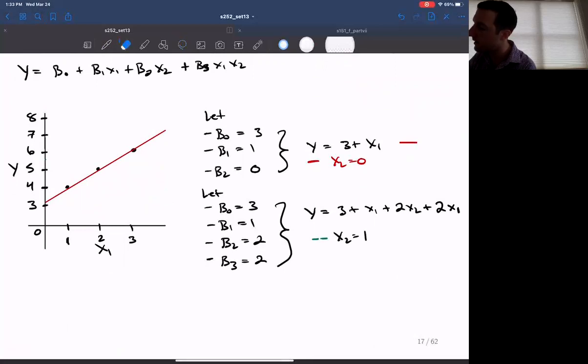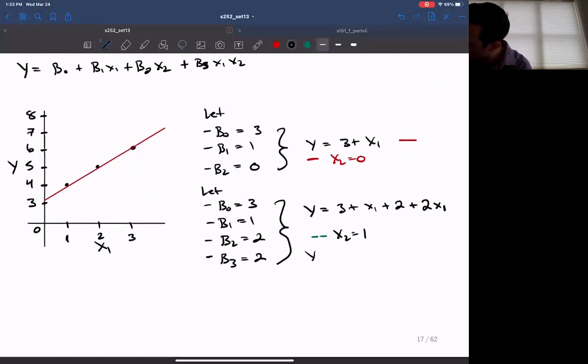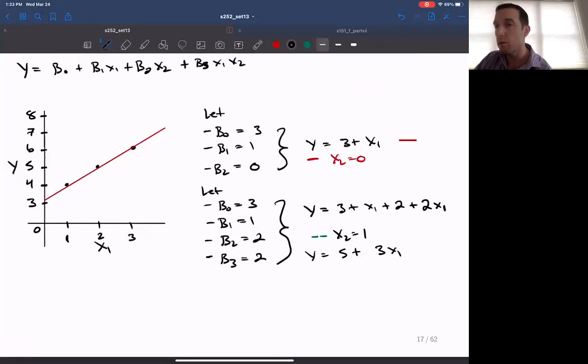And then in the second case, we would have 3 plus 2 plus 2x1. Okay, so that means now we have y is equal to 3 plus 2, which is 5, plus 3x1. So the interaction term is actually changing the slope of the original line.